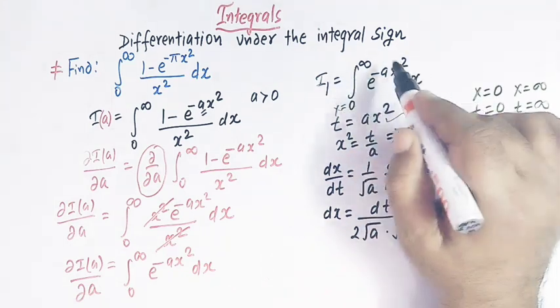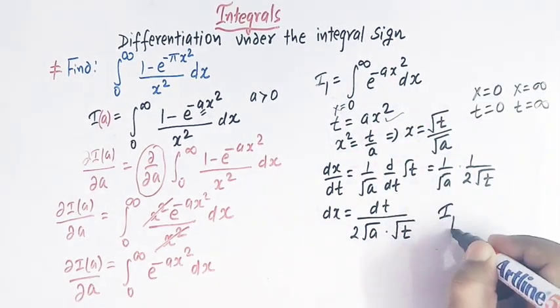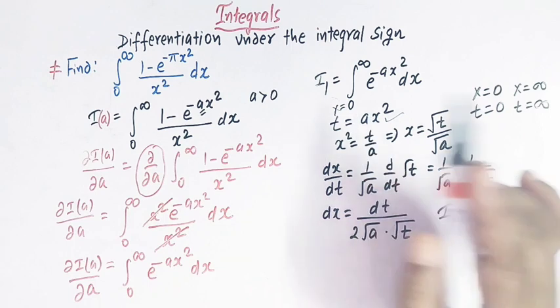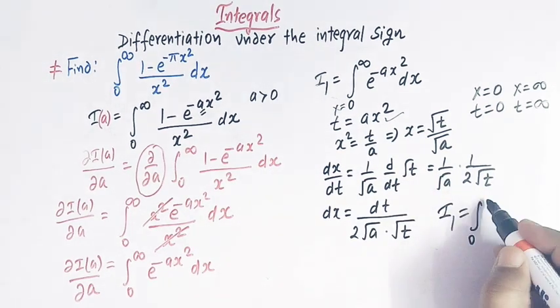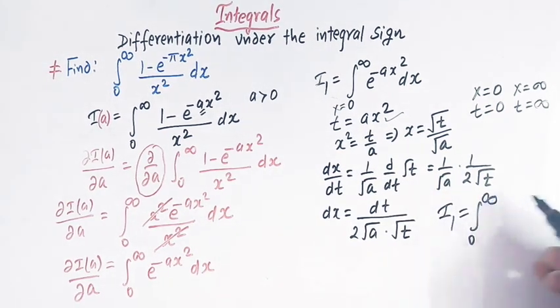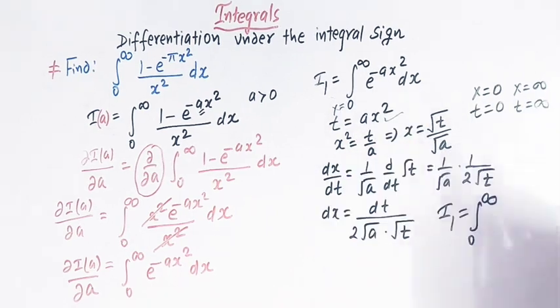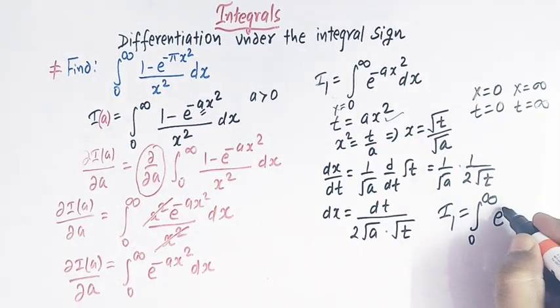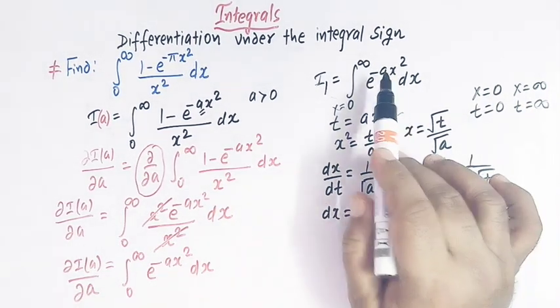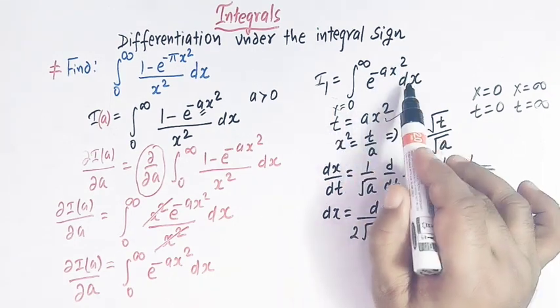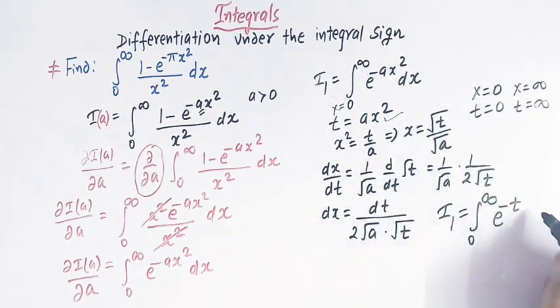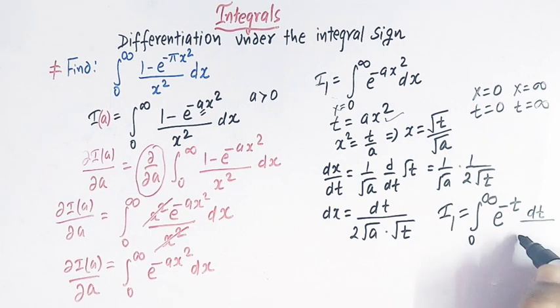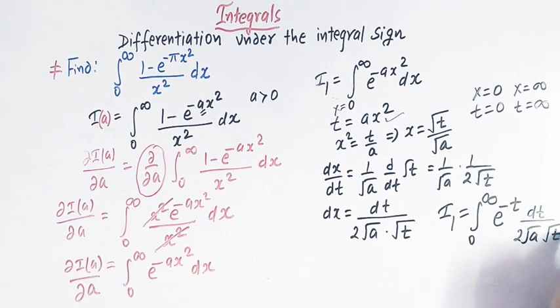So now let us write this integral I1 in terms of t. So we have 0 to infinity, the limits remain the same, and here we have e raised to minus t, because ax square is t and dx is replaced by dt divided by 2 root a, and here we have square root of t.